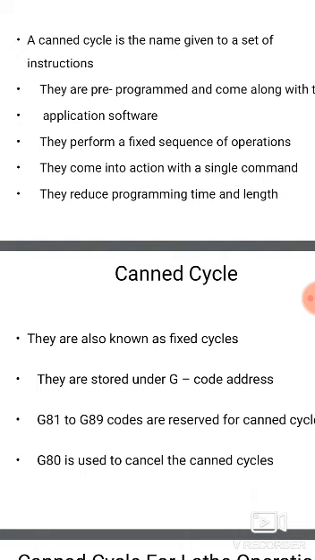See here, a canned cycle can be defined as a set of programmed instructions executed by a single block, whatever the program we are executing. A single instruction means the first line, whatever instruction is given, that is a single block.